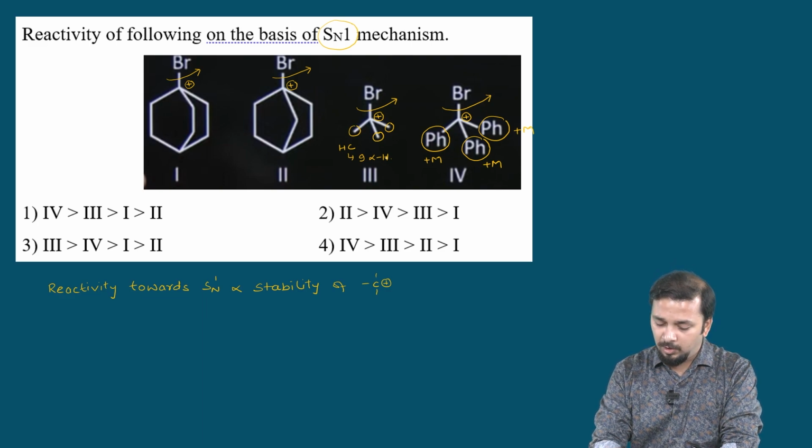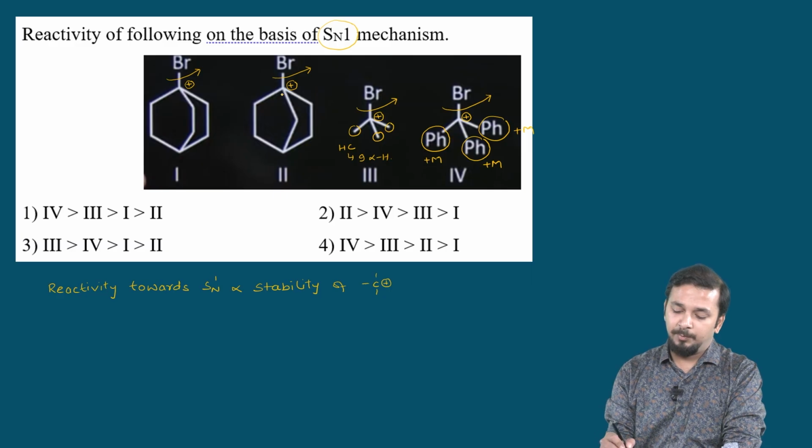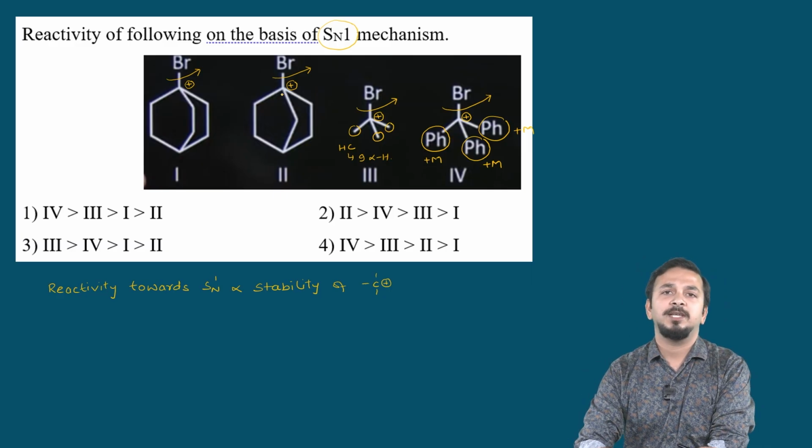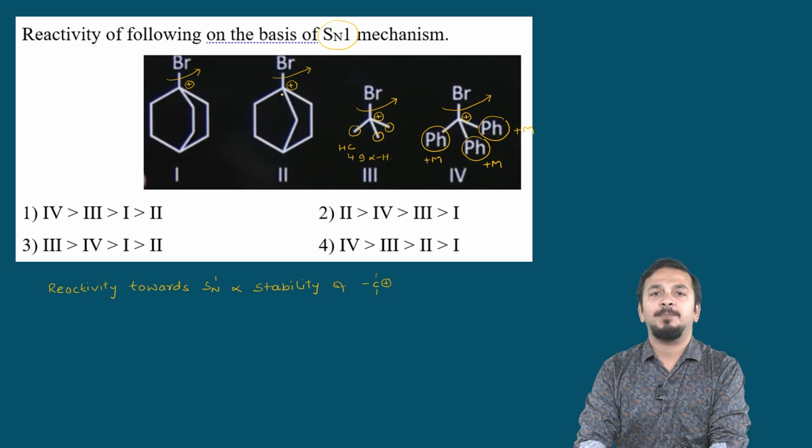Now we have to go for option 1 and option 2. Positive charge on the bridgehead position is less stable because attaining planarity is difficult at this position.